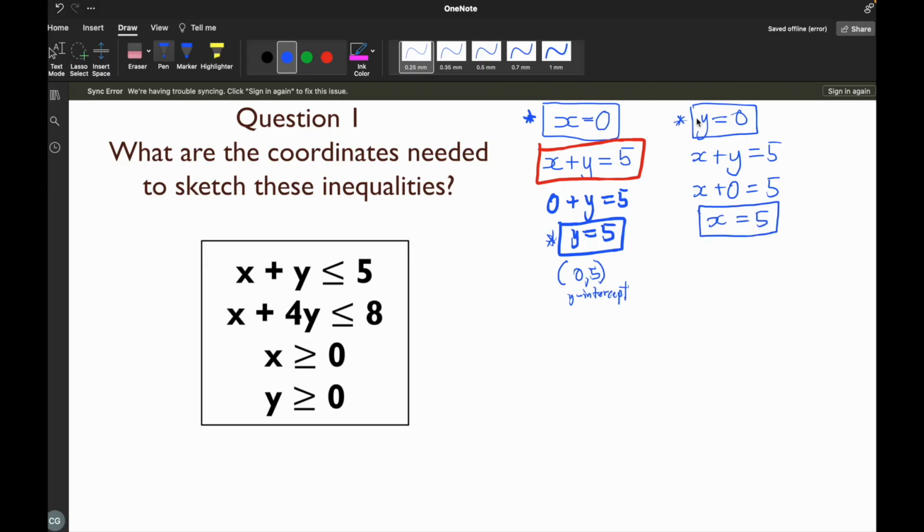So I know that when y is 0, x is 5. Likewise on this side, when x is 0, y is 5. So my coordinate is going to be x first, which is 5, and then after, my value for y is going to be 0. So that's going to be the x-intercept. So I have 2 points already for this first inequality here.